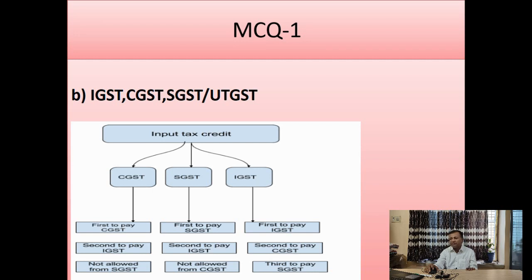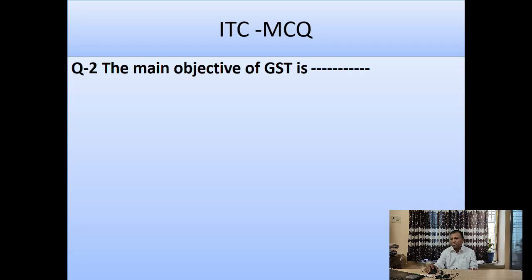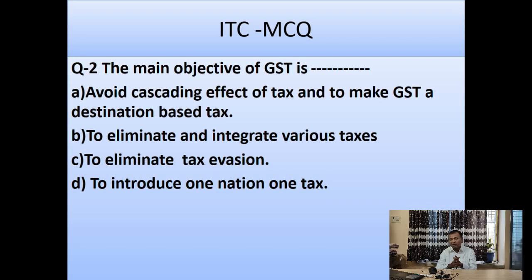The main objective of GST is to avoid the cascading effect of tax, to integrate various taxes, to eliminate tax evasion, to introduce one nation, one tax. Friends, in a macroscopic view, all these 4 are correct. But out of these, A is the best and most correct answer, because the objective of GST is to eliminate the cascading effect of tax.